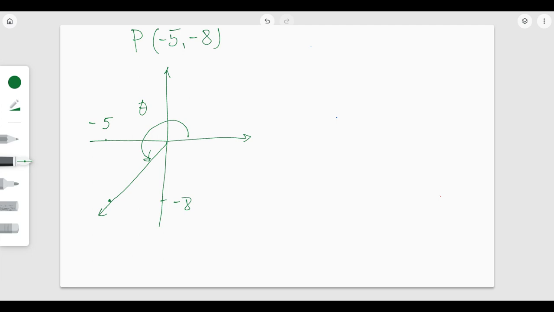Right, so first of all, you are to find a triangle which will allow you to determine the value of r. You remember, r is always a hypotenuse in a triangle. So to find that triangle, to sketch that triangle, you are to always drop a perpendicular on the x-axis, never on the y-axis. So from the given point, I'm dropping the perpendicular on the x-axis.